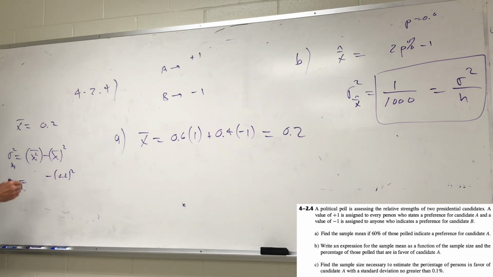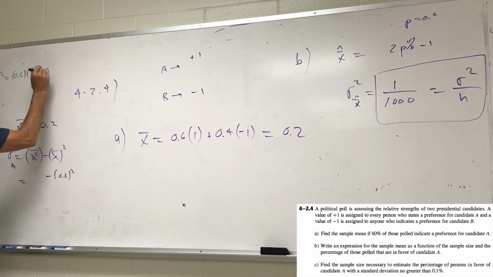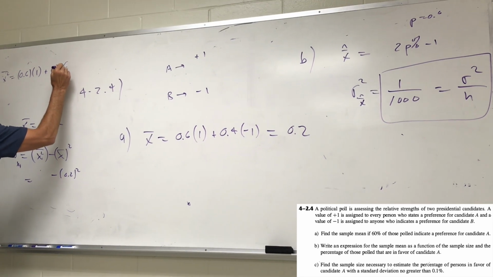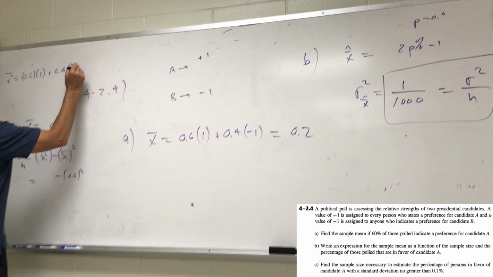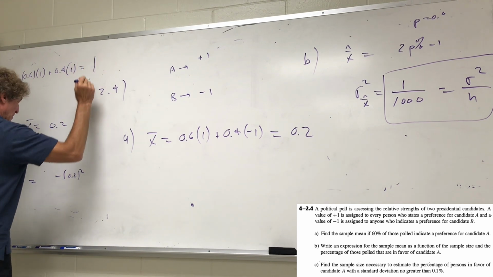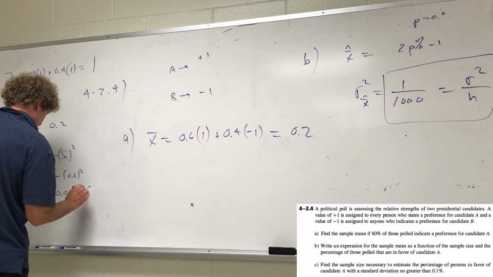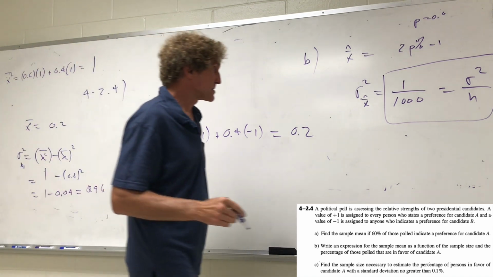And the mean value of x squared, that's the summation of probability. This is going to be 0.6 times 1 plus 0.4 times minus 1 squared of 1. So that's going to be 1 here. This is going to be 0.96.